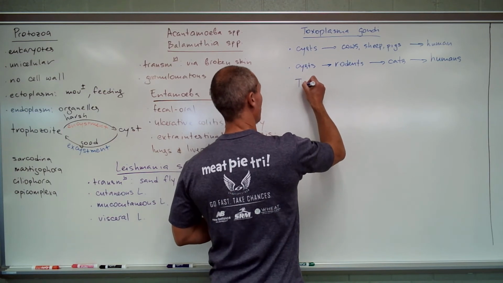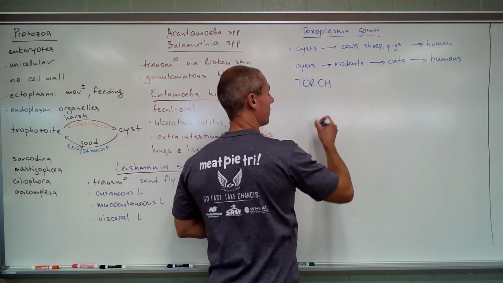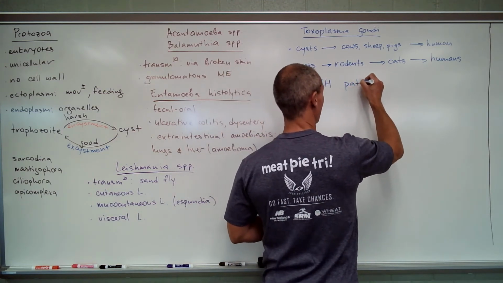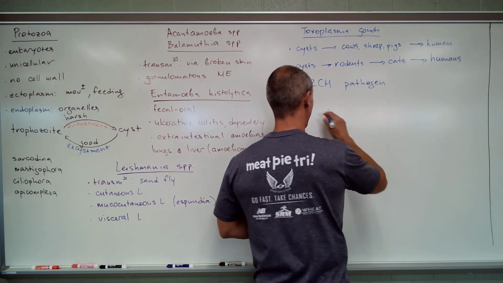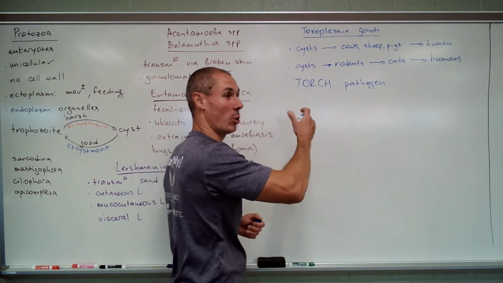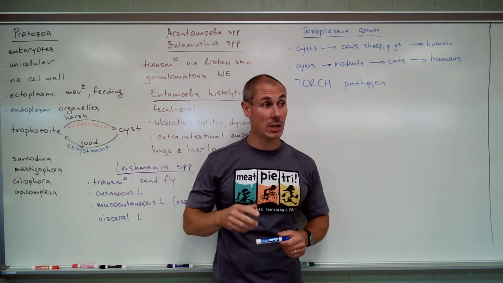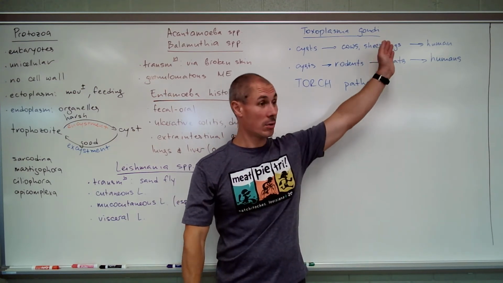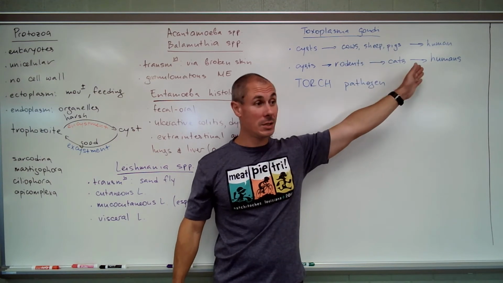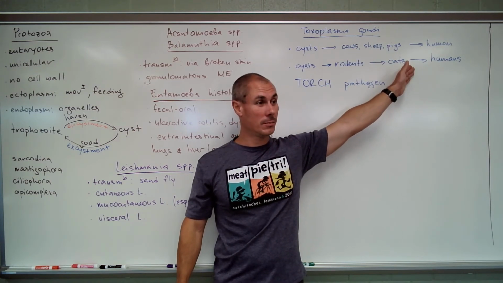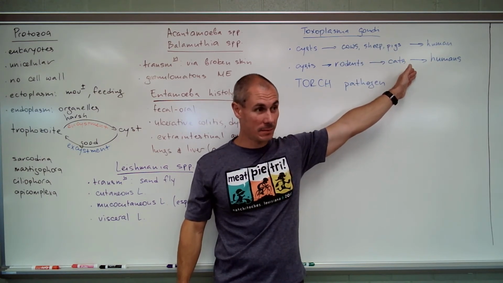So, transplacental pathogen. As a matter of fact, T stands for toxoplasma in TORCH. So this is why pregnant women are advised not to eat undercooked meat and not to deal with cat litter. That makes sense?